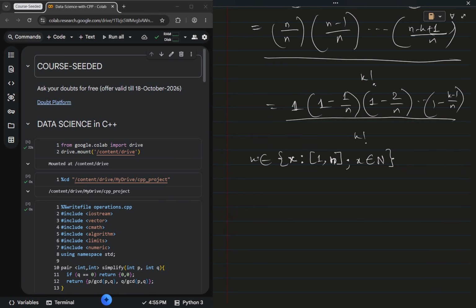So you can write your k like this. If you don't get this, then in simple language, you are getting 1, 2, 3, 4 up till n. So you have this.